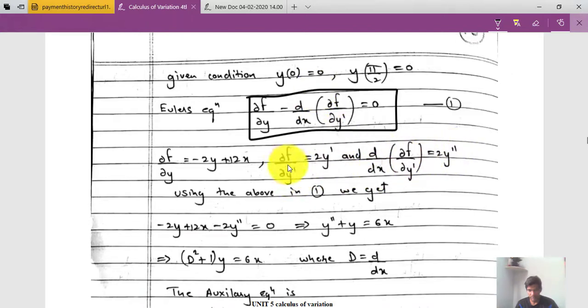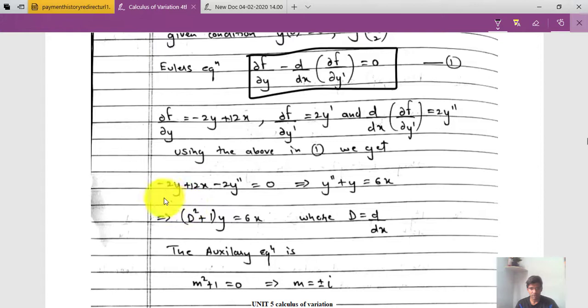Therefore using this, what do you have, that is minus 2y plus 12x, and minus d by dx of this. If I divide by 2, then it becomes minus y plus 6x minus y double prime. So on rearranging, I can write it as y double prime plus y equal to 6x.